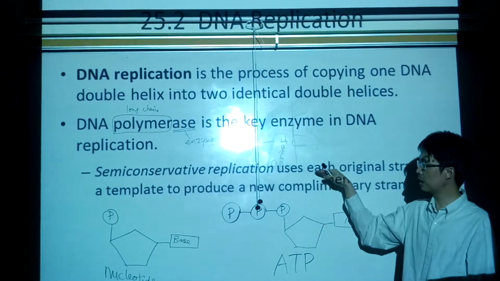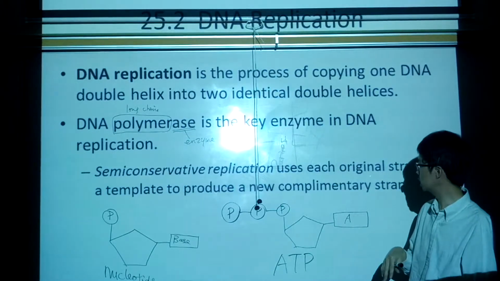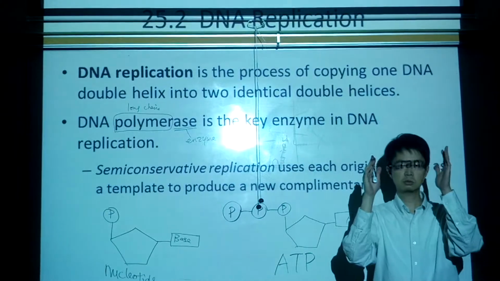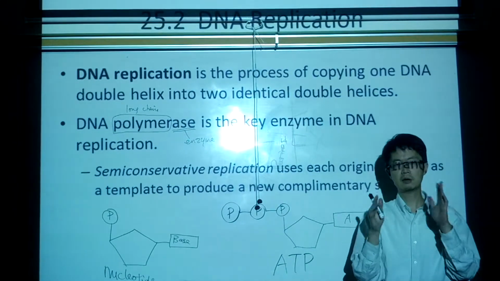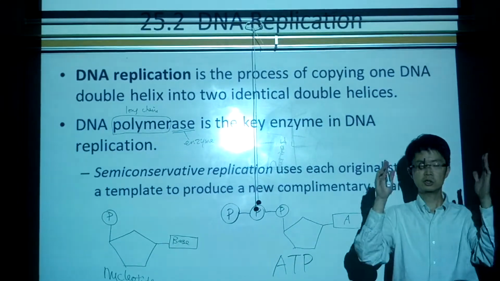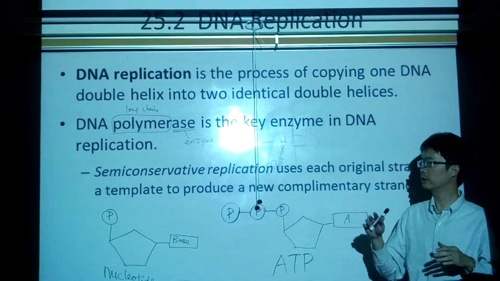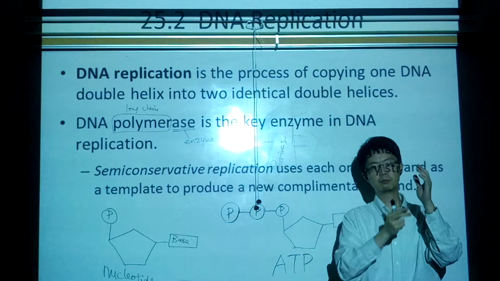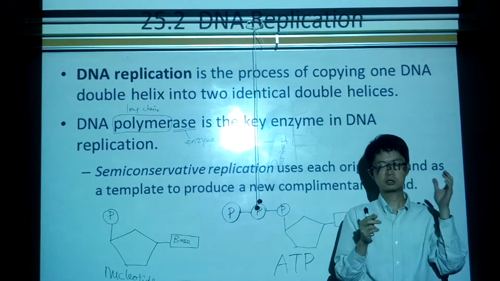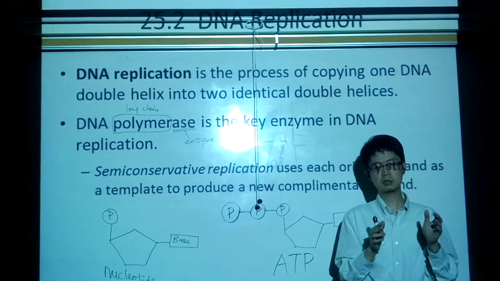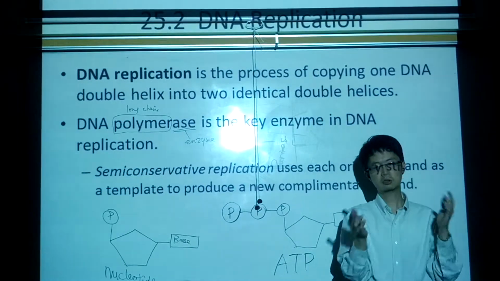We call it semi-conservative replication because DNA has two anti-parallel strands. Each strand will be used as a template. When DNA polymerase binds to each strand, you make a new strand that is complementary to the original strand.